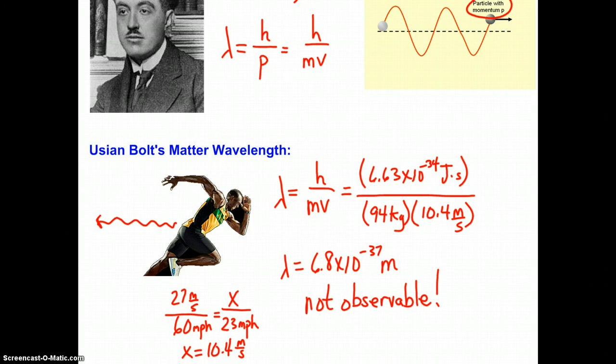So, no, we cannot see Usain Bolt's wavelength as he runs. Does this mean that DeBroglie's matter wavelength has no merit? Actually, they found that electrons, when they move, give off a wavelength that's detectable in X-ray film. And there you have it.